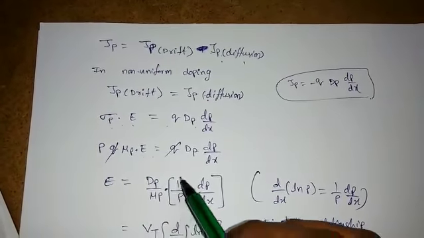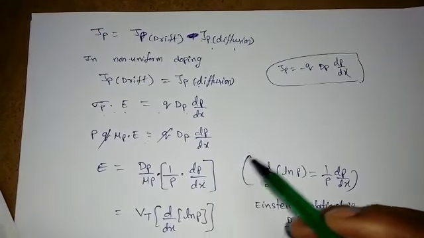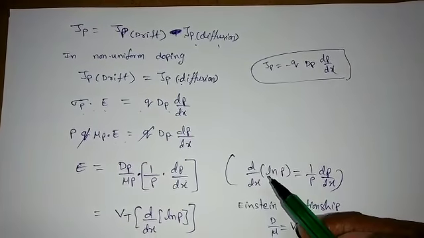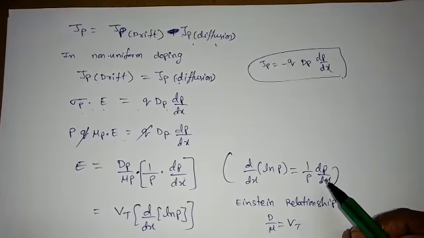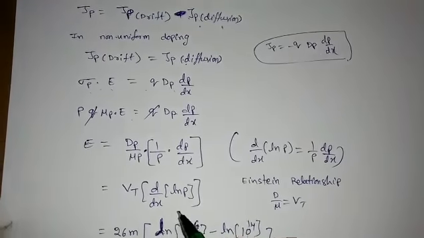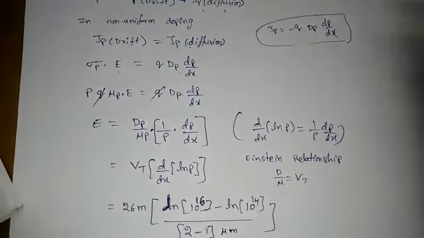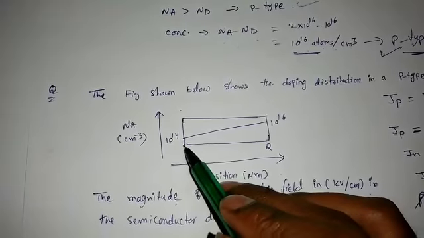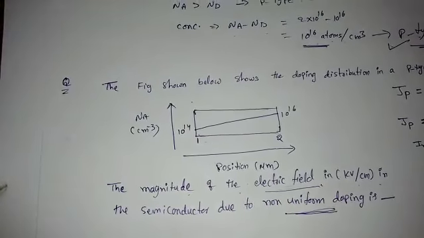E is equal to D by mu p into 1 by p, that is concentration, into dp by dx. So from the mathematics, what is the differentiation of ln? 1 by p into dp by dx. So I can replace this term with d by dx of ln p. Now from the diagram, he mentioned at 1 micrometer this is 10 to the power 14, at 2 micrometer this is 10 to the power 16.